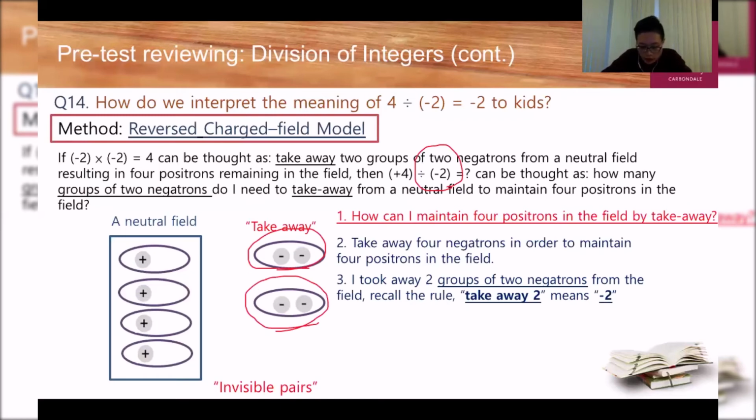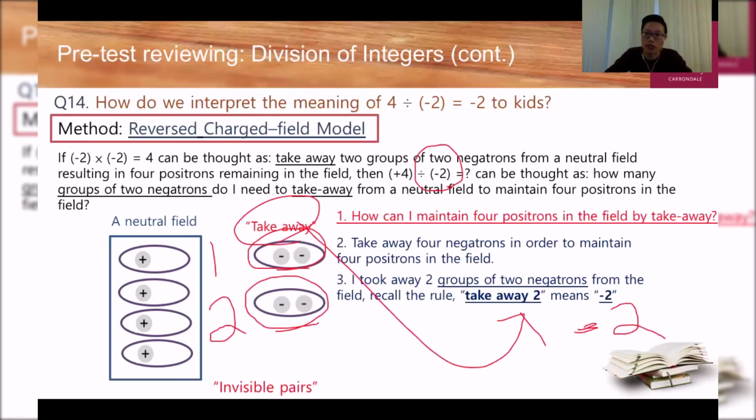So the answer will be here: I already took away 2 groups, the first group and the second group. Because I take away, that means negative sign, and I take away 2 groups, so I write -2. So the answer here is -2, okay?